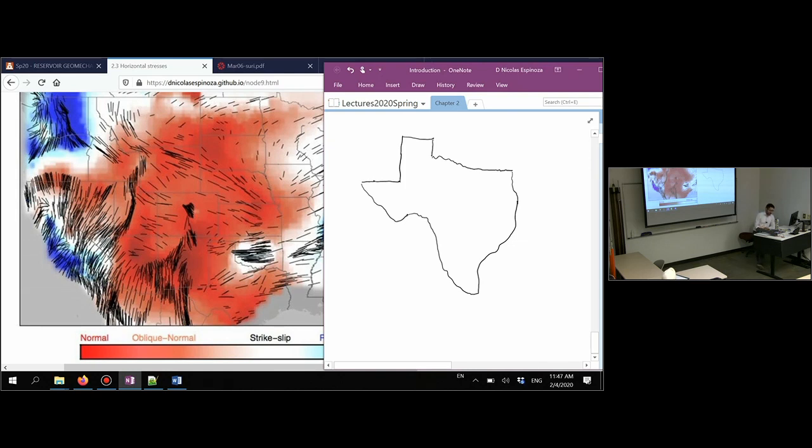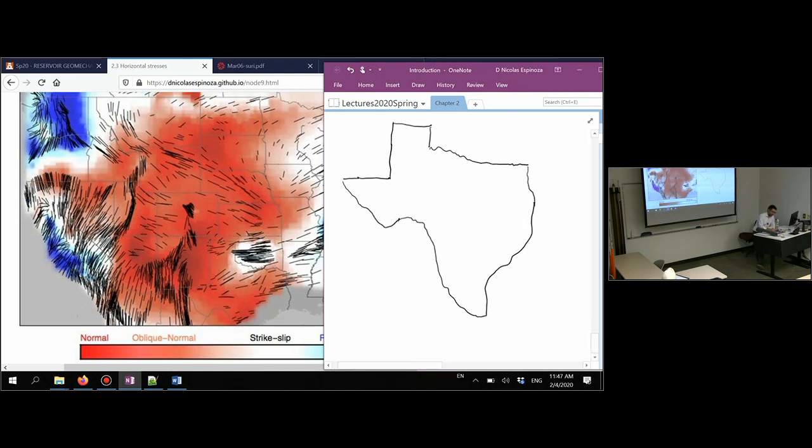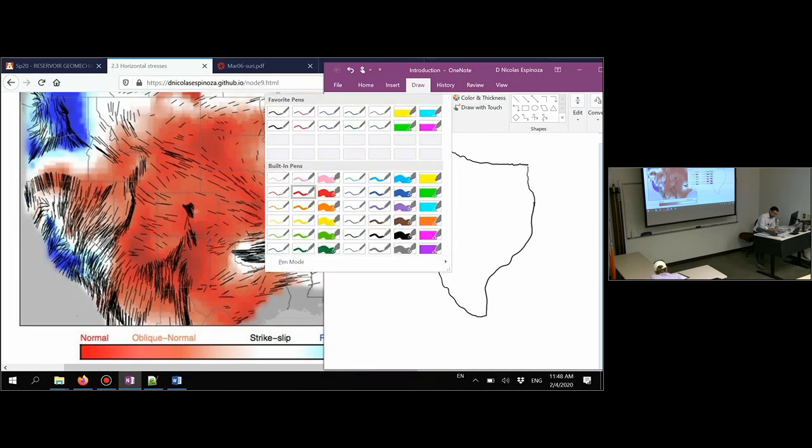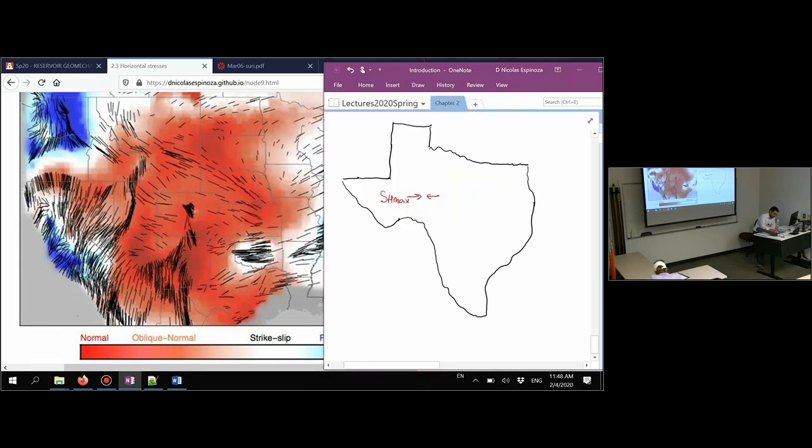Okay. So we are saying in this case that the horizontal stress, and let's just assume, just for simplicity, is in direction east-west. So the north is here.